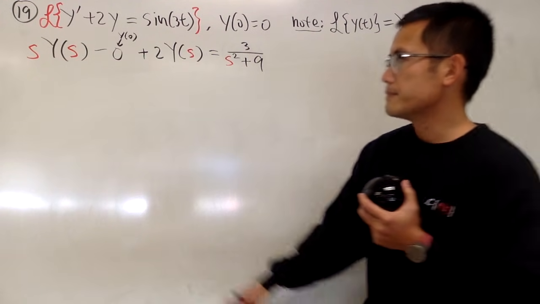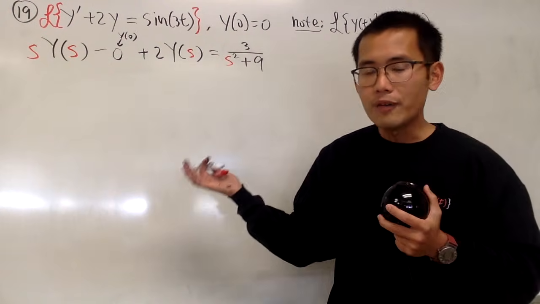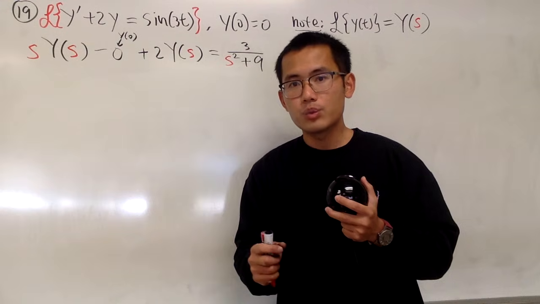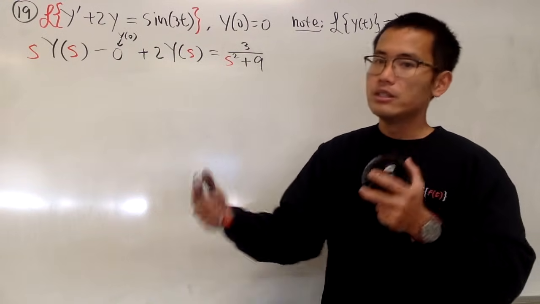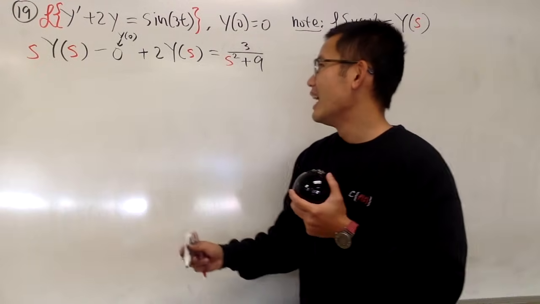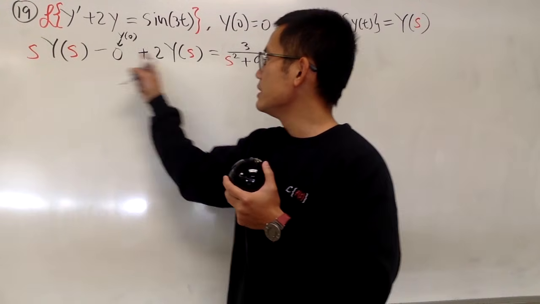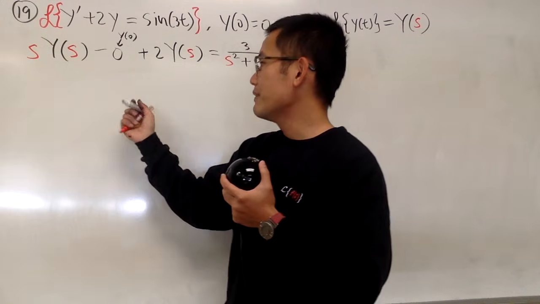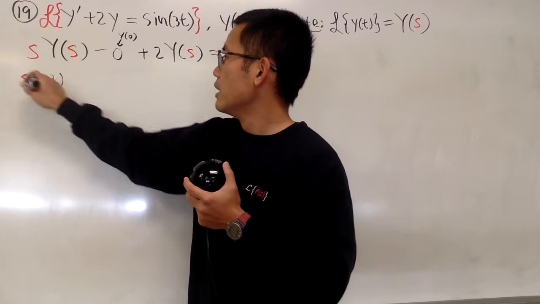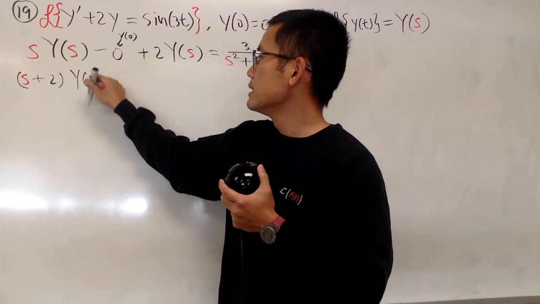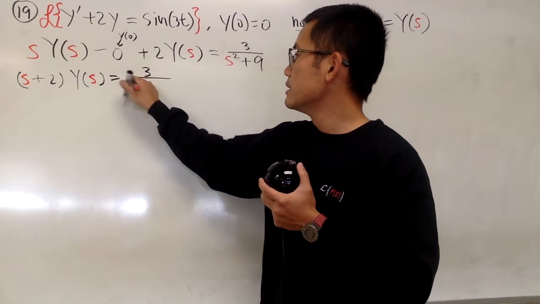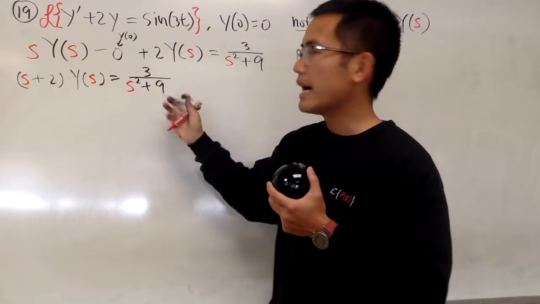Now, what you want to do is solve for what Y of s is. That's why I said you have to do the algebra work in the s world, and then once you're done, take the inverse and you can go back to the t world. All right, so this is not so bad because you see only these two terms, yeah? So we have s plus 2 times Y of s, which is equal to that, namely 3 over s squared plus 9, like this.